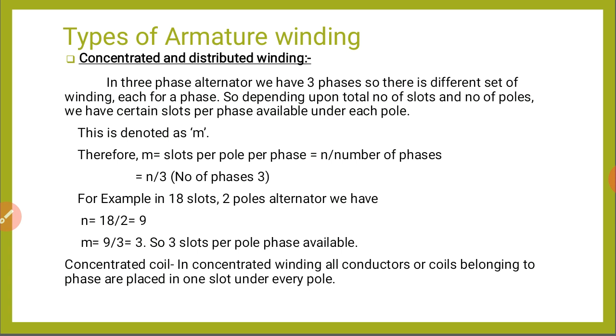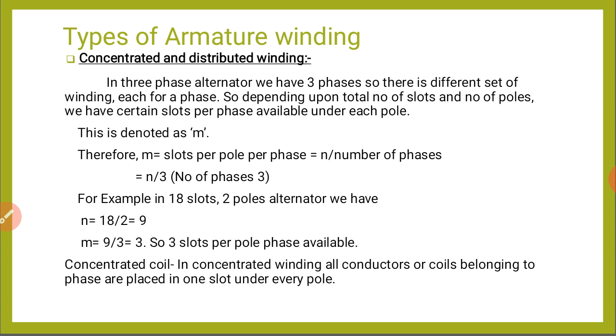But if I am using only one slot to place all my R phase conductors and keeping the remaining two slots empty, then that type of arrangement of coil is called a concentrated coil.